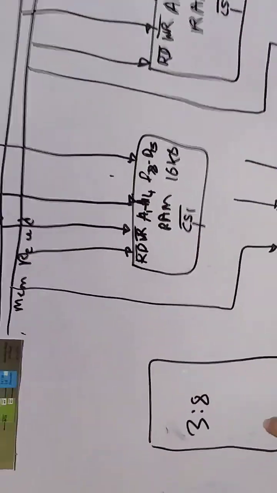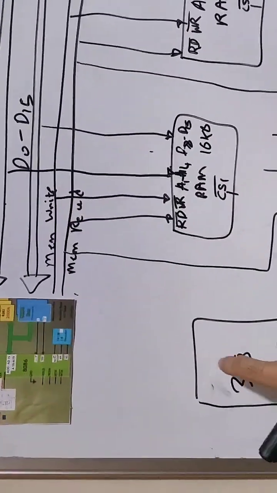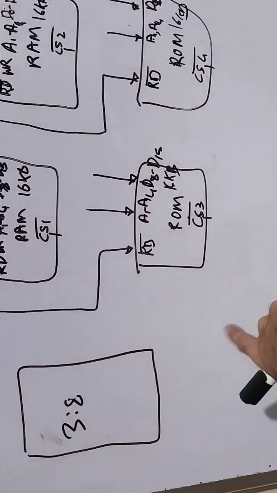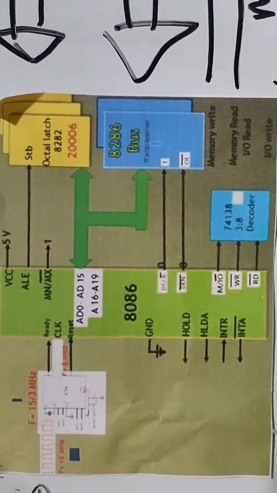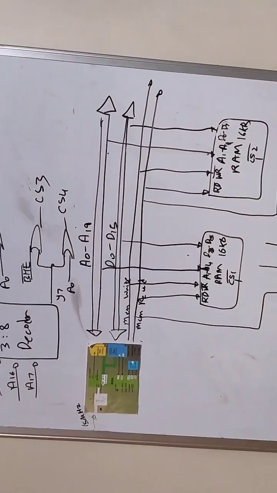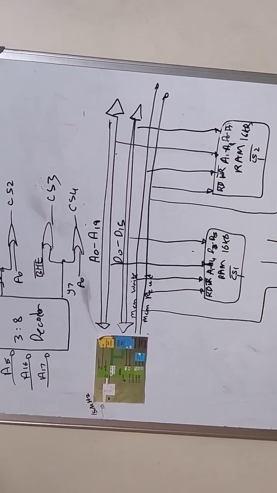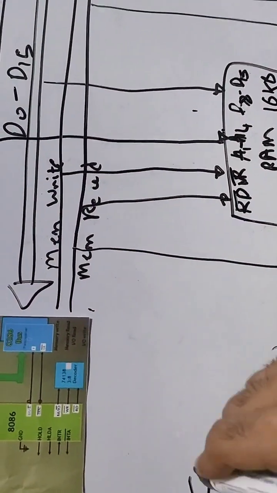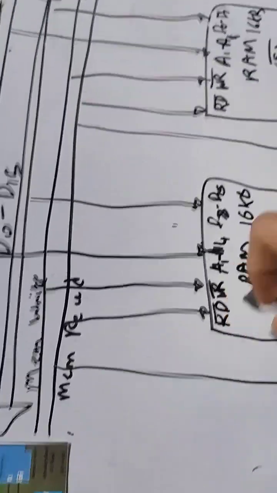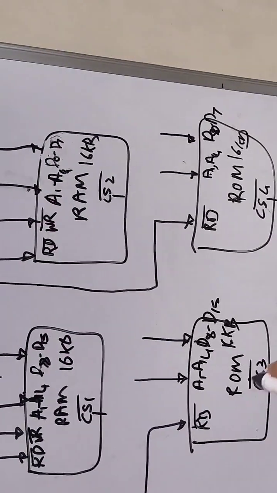Also, since I drew this thing over here, you should be drawing it somewhere in the bottom left, just remember that. But basically this is your 8086 minimum mode, for a 5 megahertz operation with 32 KB RAM, 16 plus 16 is 32, and 32 KB ROM.